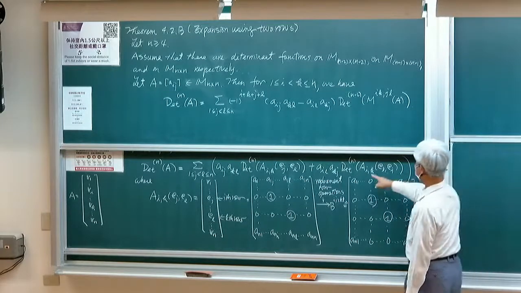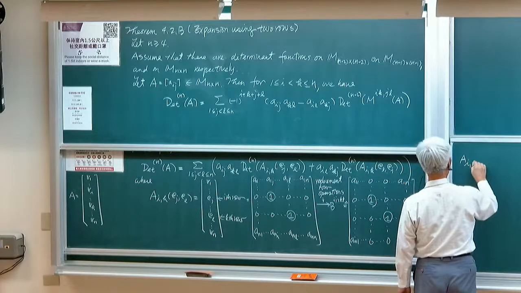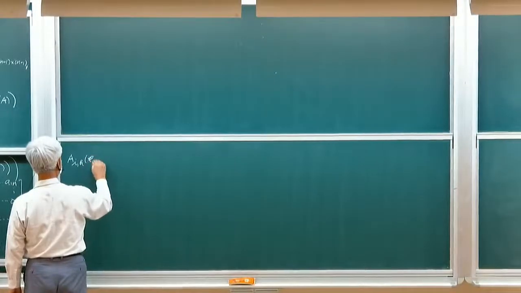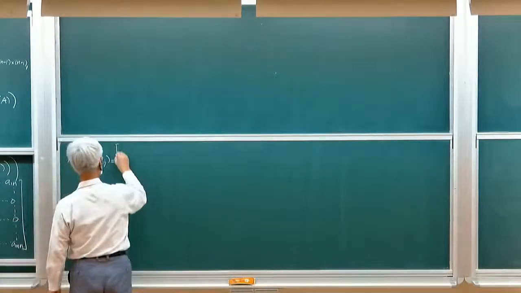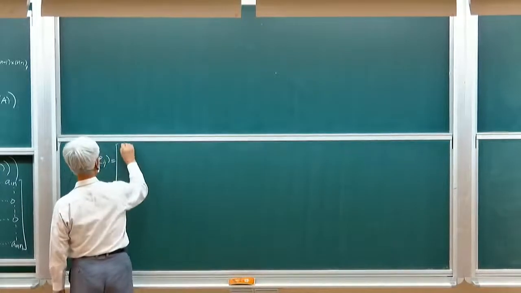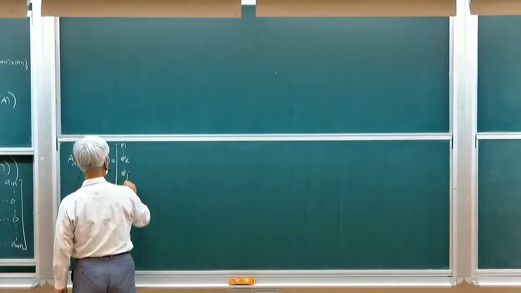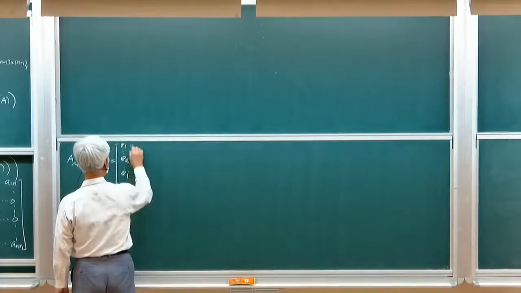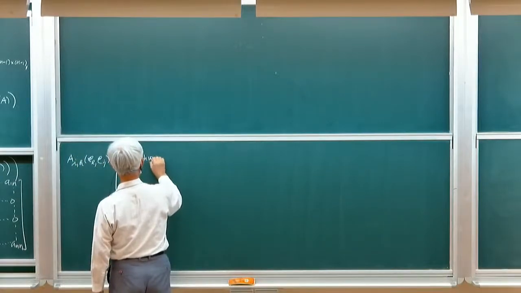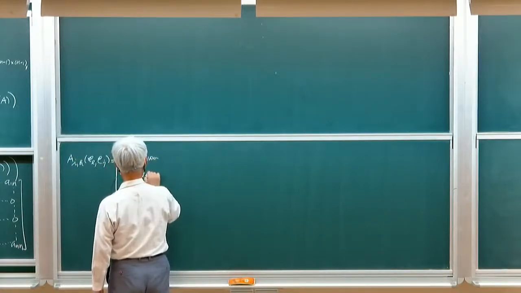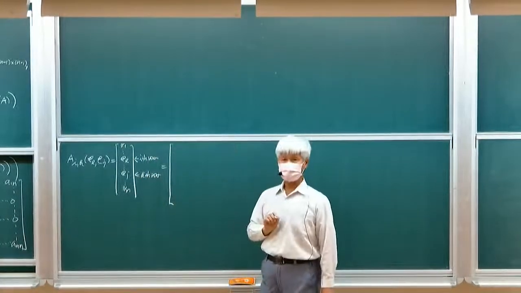Okay, and how about A_ik(e_l, e_j)? Well, now we have R1, and we have e_l, e_j, Rn here. And this is the i-th row, and here is the k-th row. Okay, and we write down this matrix.